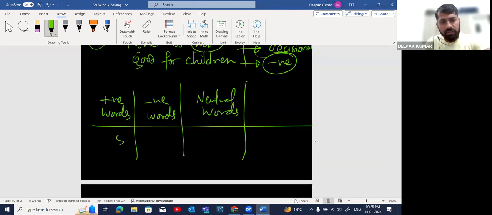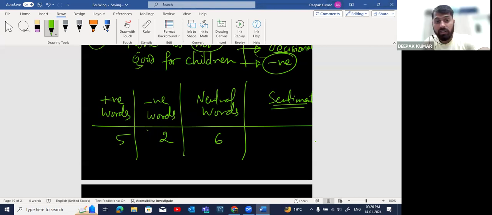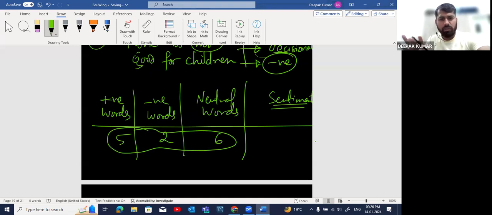Say the positive words are 5, negative words are 2, neutral words are 6. So what do you think? What is the sentiment? The sentiment must be in terms of only 0 and 1, because now the machine has to understand. The counting has happened like this: 5 times positive, 2 times negative, 6 times neutral.